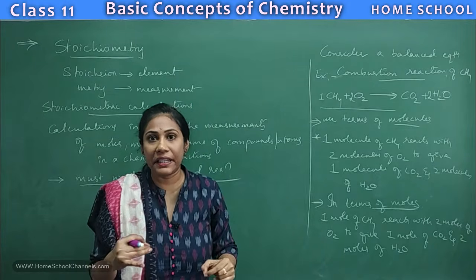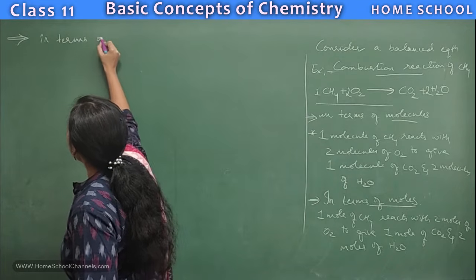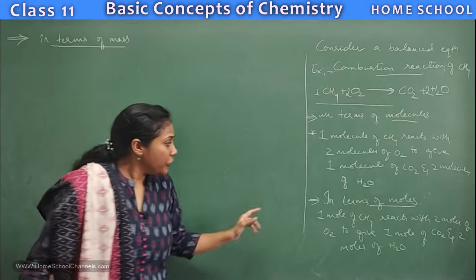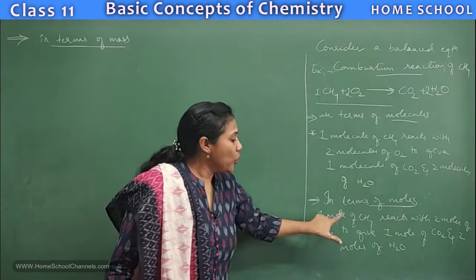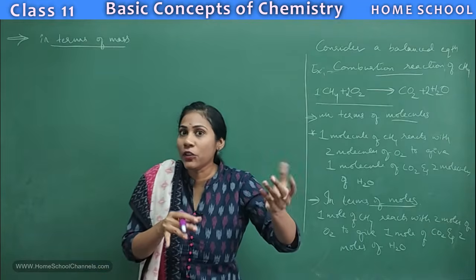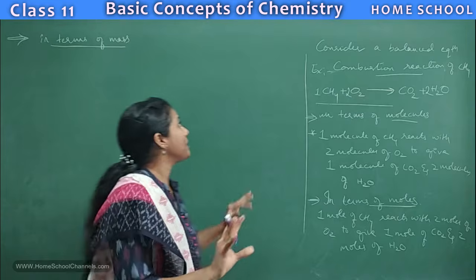Let us see how we can write in terms of mass. This is very, very important to understand. You know what? 1 mole of anything is equal to its molecular mass or atomic mass. That we have learnt in mole concept, isn't it?